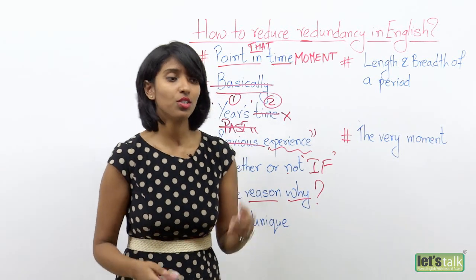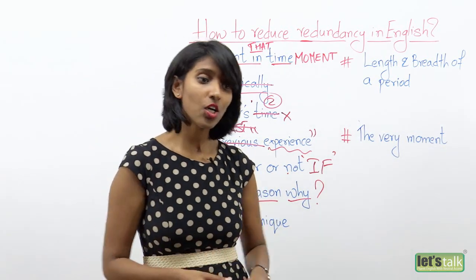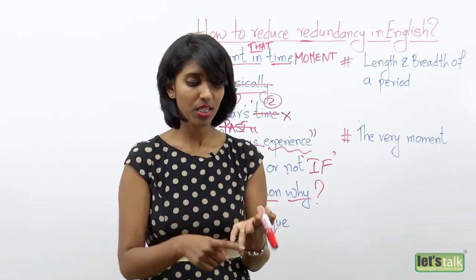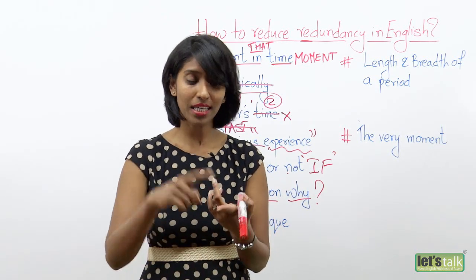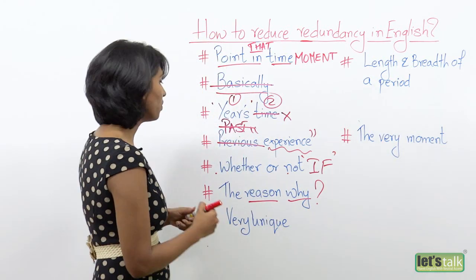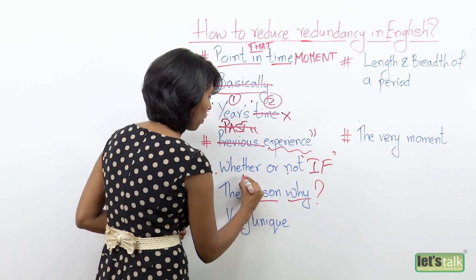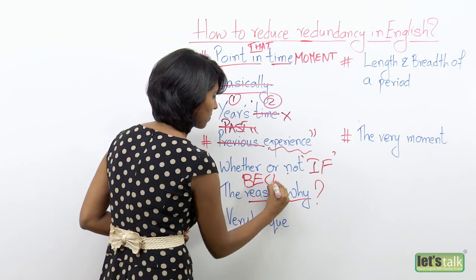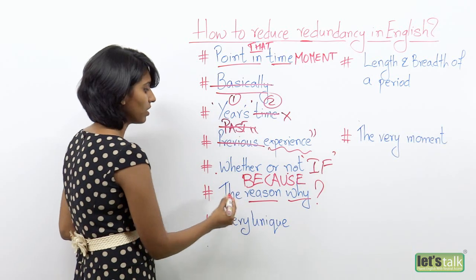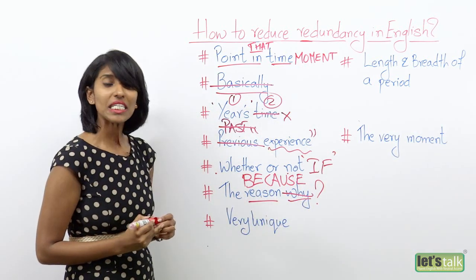The reason why you need a laptop is because you want to take it wherever you want. The reason why you need a laptop is because, you see, just say, very simple. Either you say because, or you say the reason is.